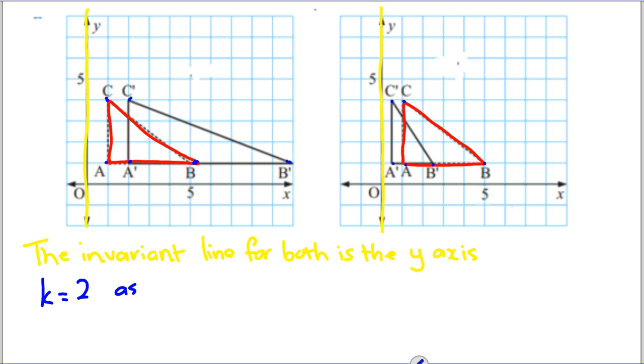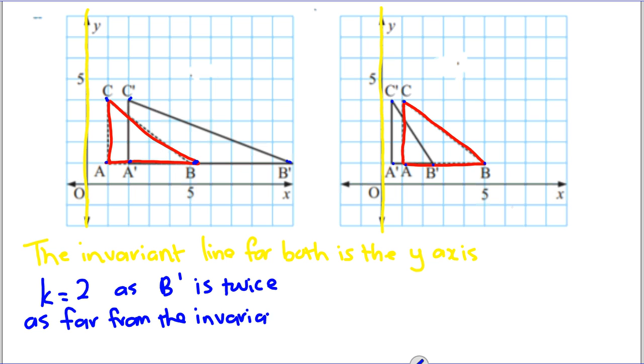Let's give a reason why: B dash is twice as far from the invariant line as B. All relative to the invariant line, which happens to be the y-axis. Similarly, let's do the next one.